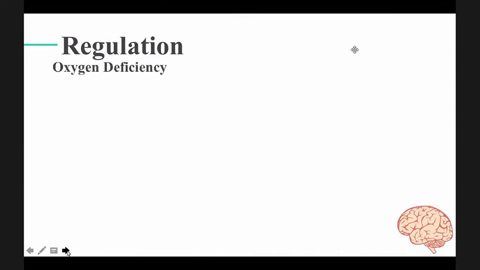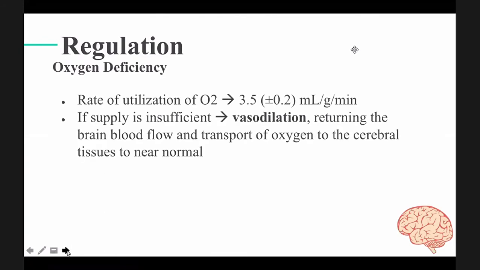Next up is oxygen deficiency. If there is a decline in oxygen, there is also an increase in blood flow, opposite to carbon dioxide. The rate of utilization of oxygen is 3.5 ml per gram per minute, and a decrease in oxygen would result in vasodilatation, returning the brain blood flow and transport of oxygen to cerebral tissues to near normal.